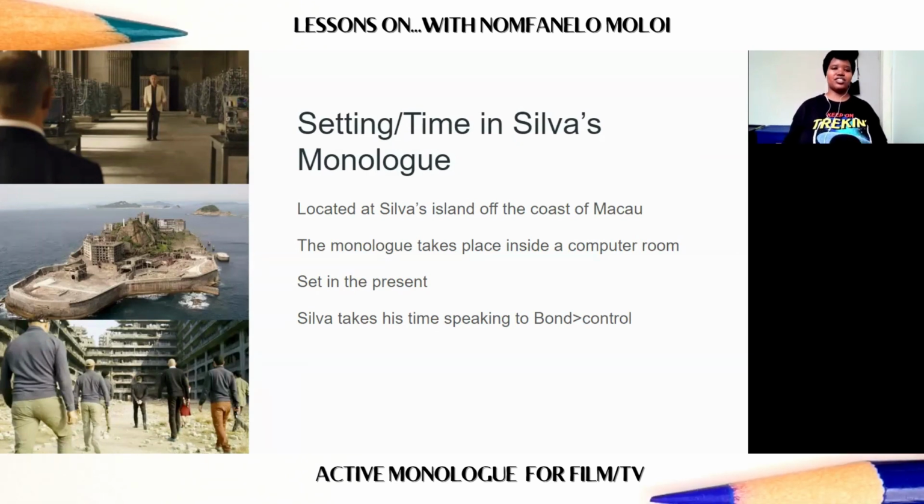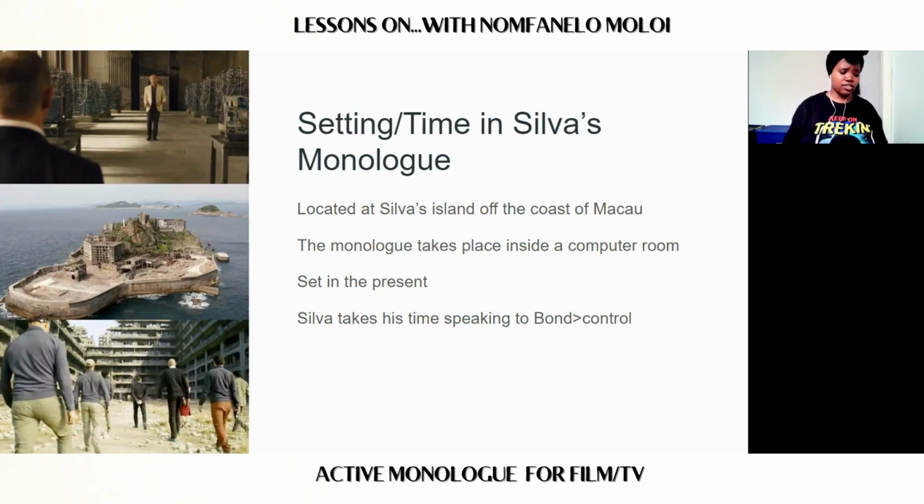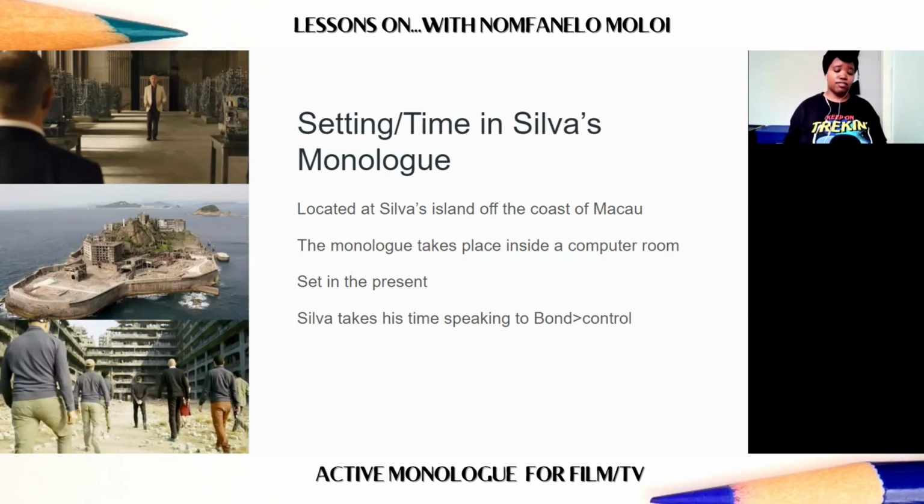Also, it looks very abandoned, because there is a historical context with this particular setting. The island is actually a real island called Hashima Island, located off the coast of Japan. Apparently the island was developed in the 20th century for coal mines and was built as a city for the employees until 1974, when coal mines became obsolete due to gas.